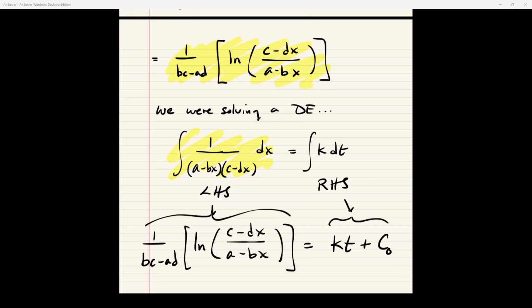Now, we had some initial conditions, and I actually want to solve for x. So what I'm actually going to solve for eventually is x here, right? I have an expression that is the result of integrating both sides of the differential equation, but I don't really have my solution for x representing the amount of chemical C at any time.